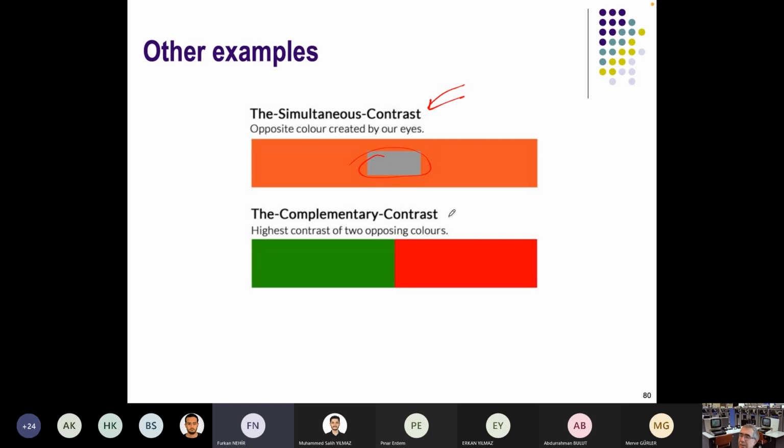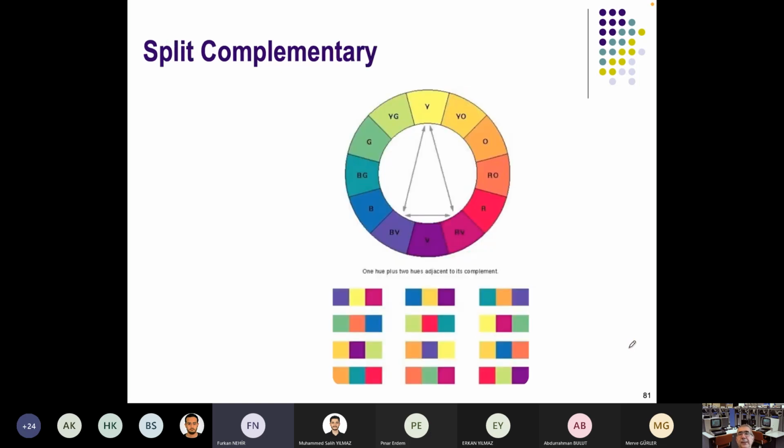Complementary contrast uses the color wheel, meaning the color CIE diagram. That's related to the CIE diagram. A new idea is split complementary. Again, this is the color wheel.